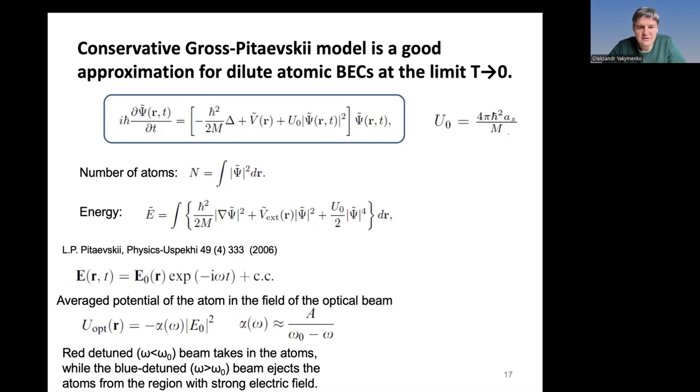These are the so-called red and blue detuned laser beams, which means that this coefficient alpha, proportional to the intensity of the laser beam, can change sign, and omega zero is a resonance frequency. If you tune the frequency, you can control whether you will have an attractive or repulsive potential.